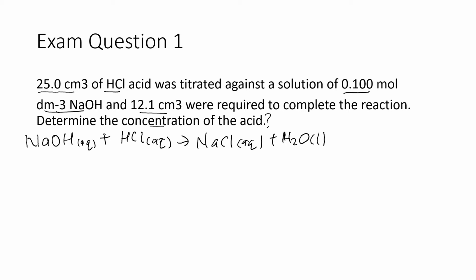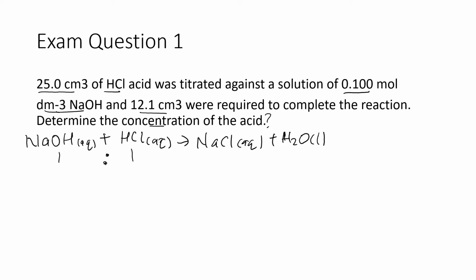So that's your balanced equation, and you will see the ratios of everything is 1 to 1. So 1 mole of this to 1 mole of that, and the ratios are really important, and you will see why when I do my further steps in the calculation.